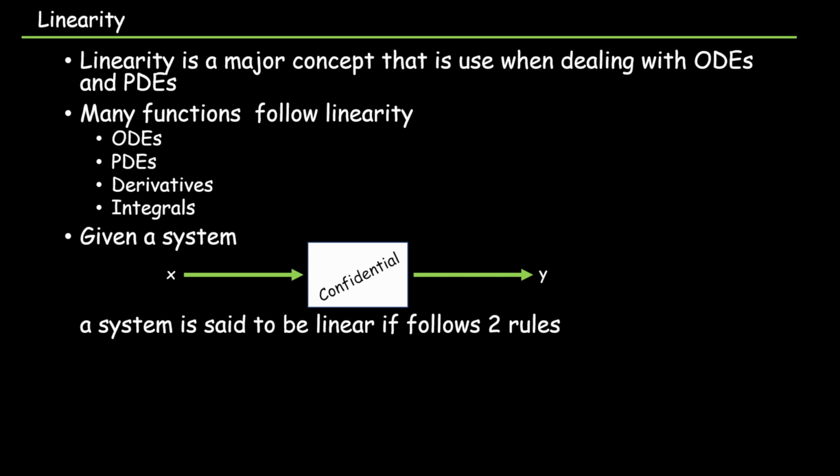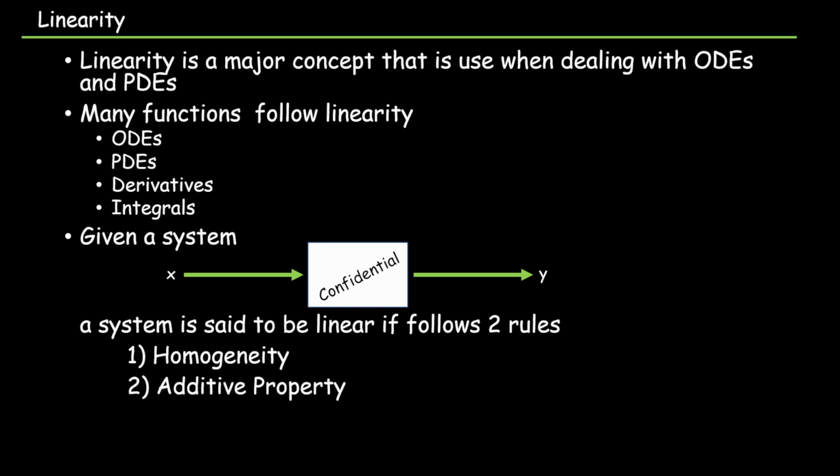If you're given a system where we have some function x, and it does some things and outputs a function y, then we call that a system. The system is said to be linear if it follows two rules: homogeneity and the additive property.